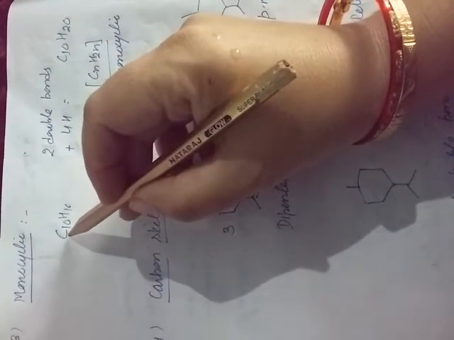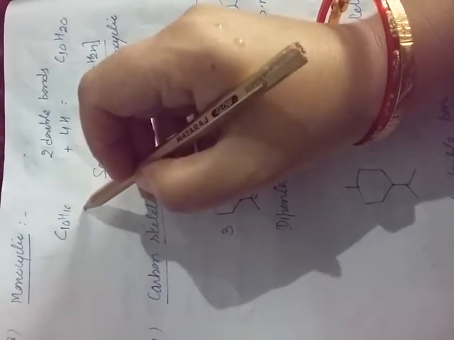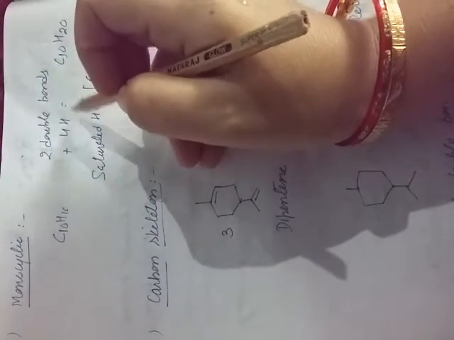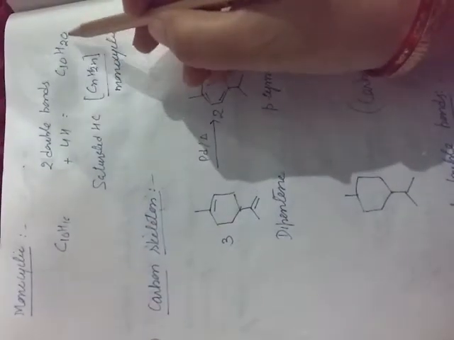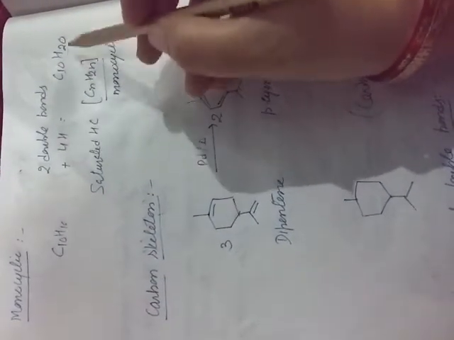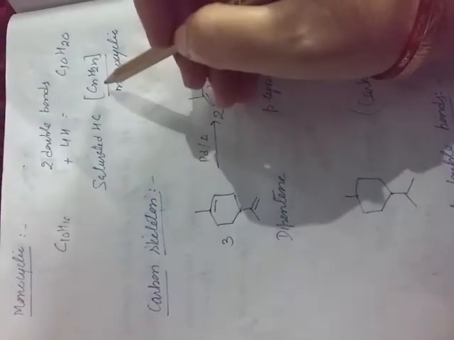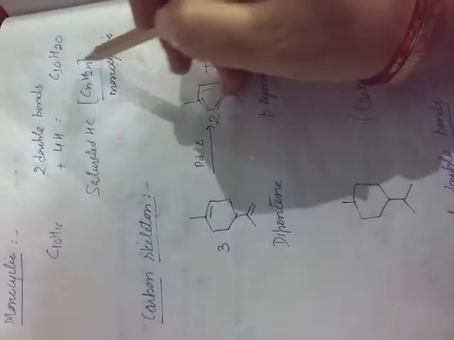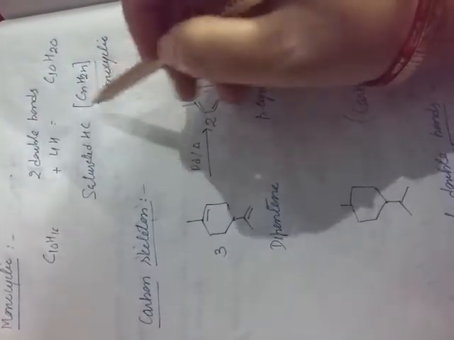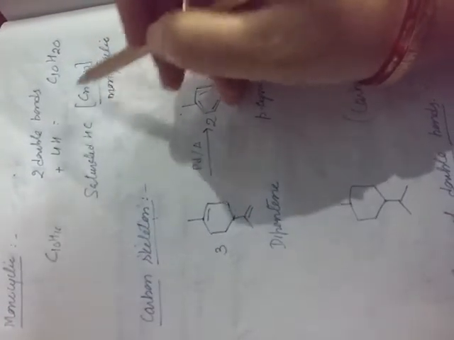So the formula of limonene is C10H16. By the addition of 4 hydrogens, it is converted into C10H20, and C10H20 means the formula is CnH2n. We know that if the formula of the saturated hydrocarbon is CnH2n, the compound is monocyclic in nature.